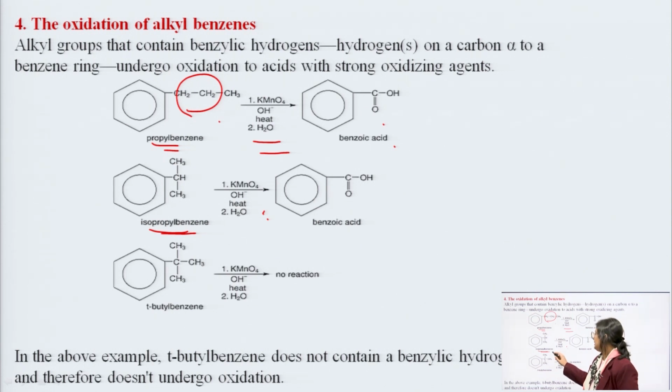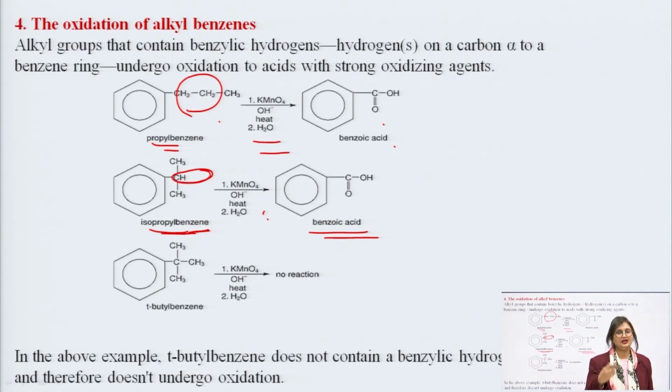Similarly, isopropyl benzene in the presence of potassium permanganate, a strong oxidizing agent, has the tendency to get converted into benzoic acid, that is, the corresponding carboxylic acid. This carbon atom gets converted into the acidic group.